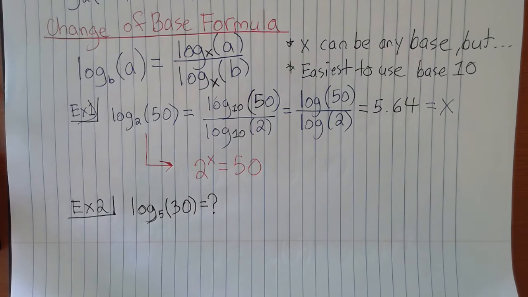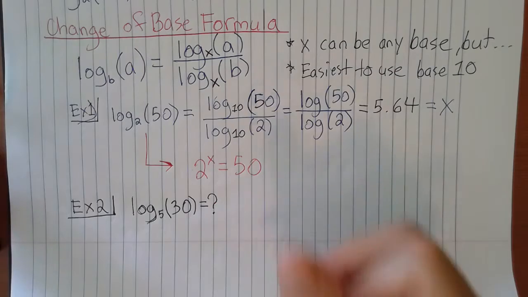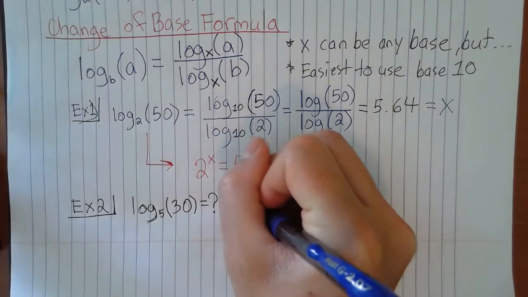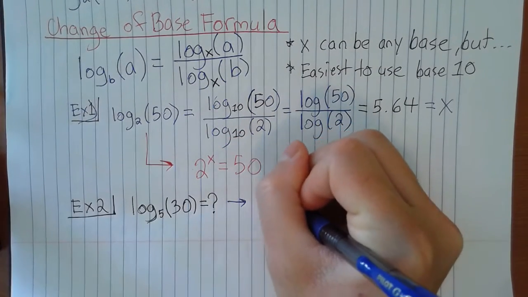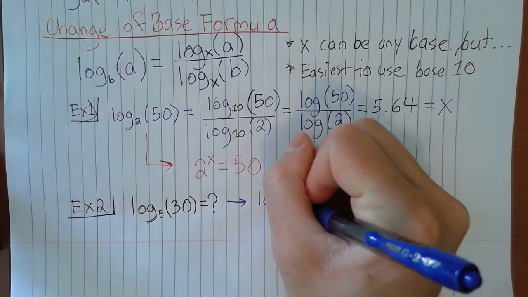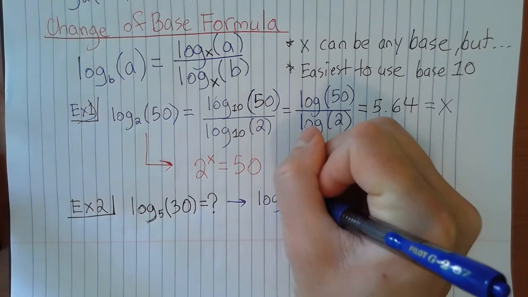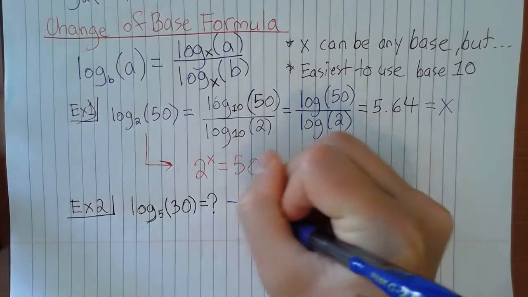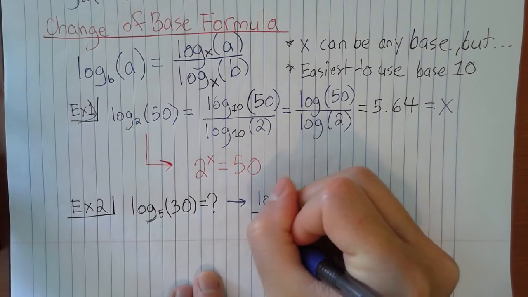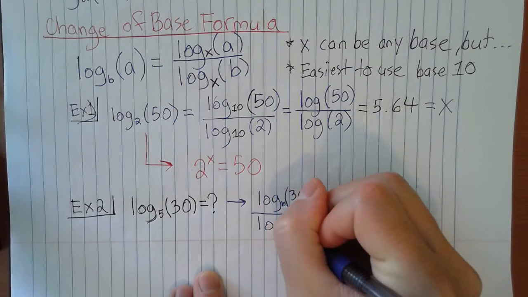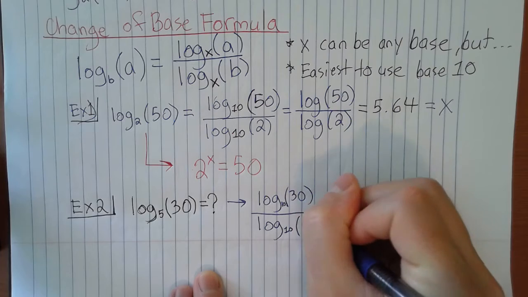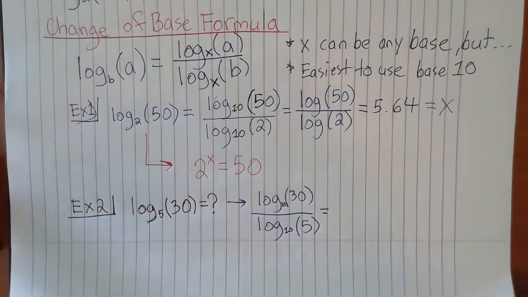In our second example, we are asked to evaluate log base 5 of 30. We would first want to write that as the change of base. So we would write it as log base 10 of 30 divided by log base 10 of 5 first.